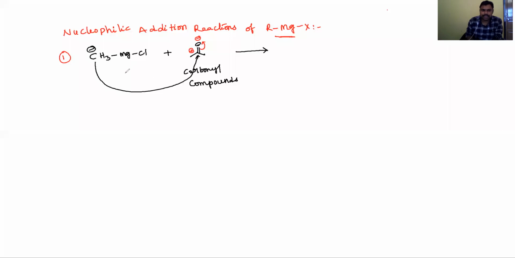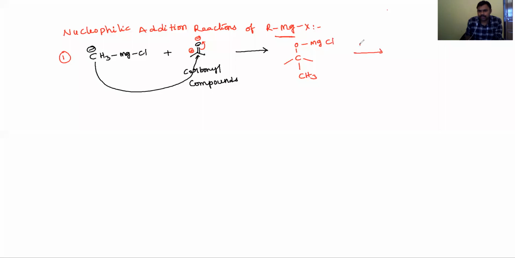Then the CH3 minus nucleophile is added at the carbonyl carbon, and the Grignard reagent adds in between carbon and oxygen, giving O-MgCl and CH3 on the carbon.